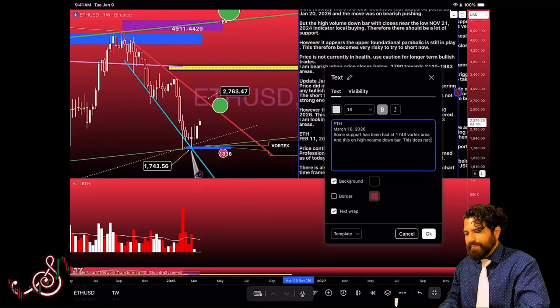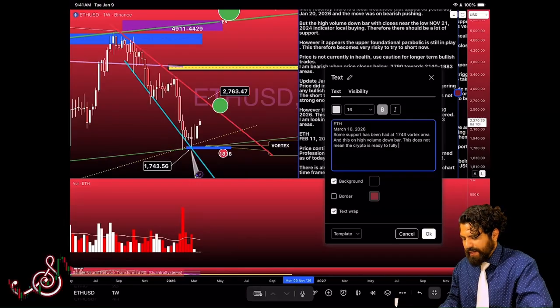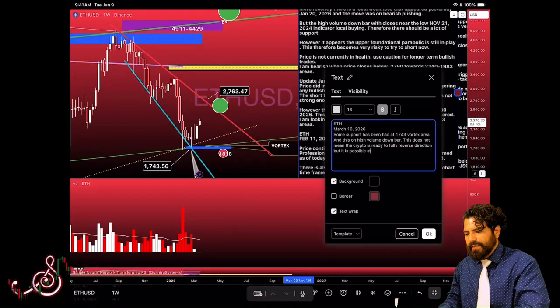This does not mean the crypto is ready to fully reverse direction. But it is possible. Stopping volume and some support.